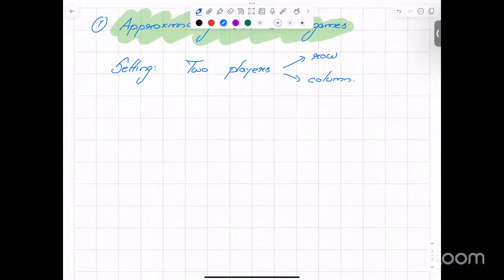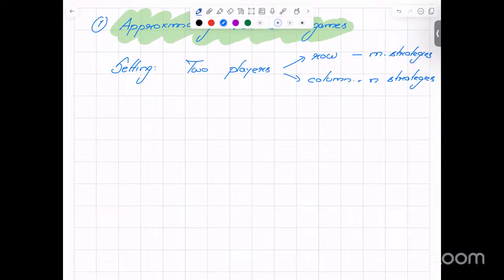The row player has m strategies, and the column player has n strategies. Each time they play a strategy, we have a matrix that tells you the outcome, since it's a zero-sum game.